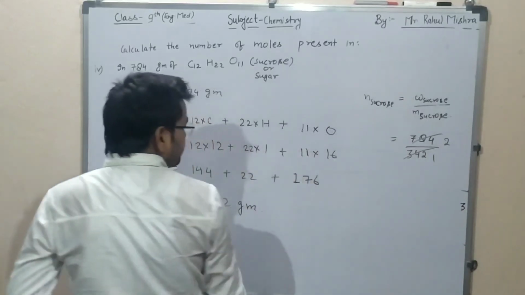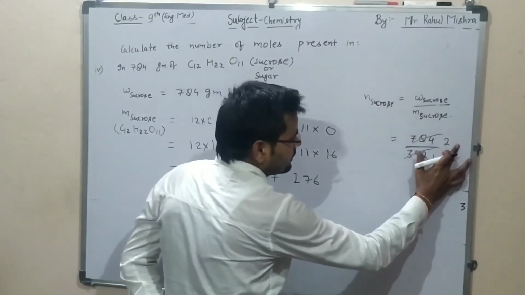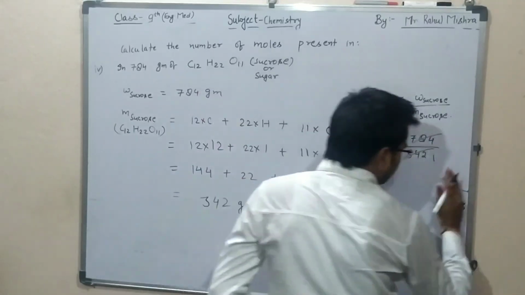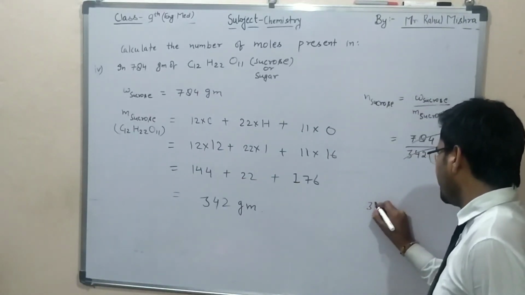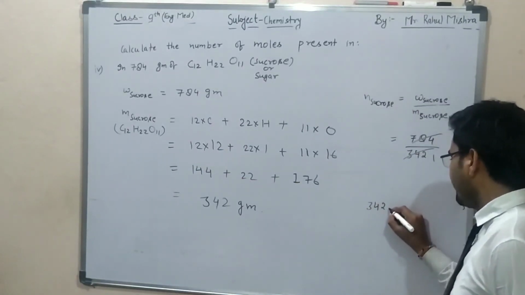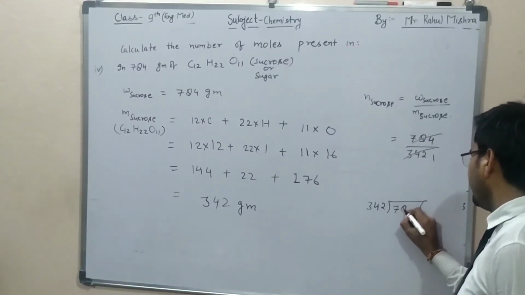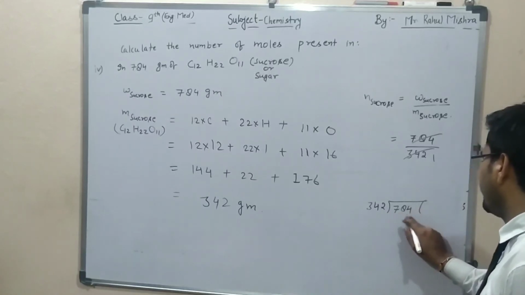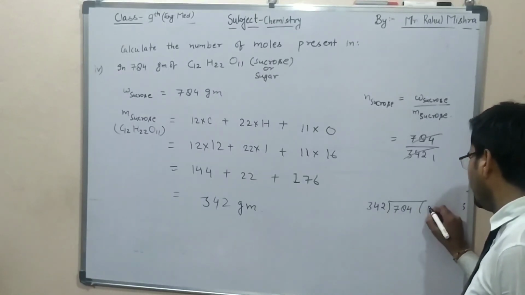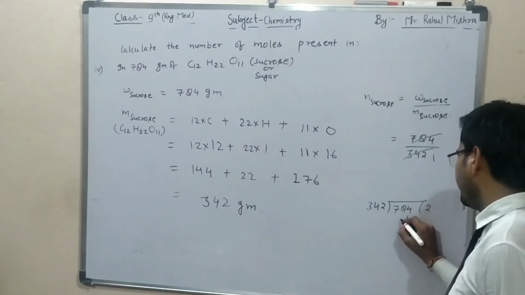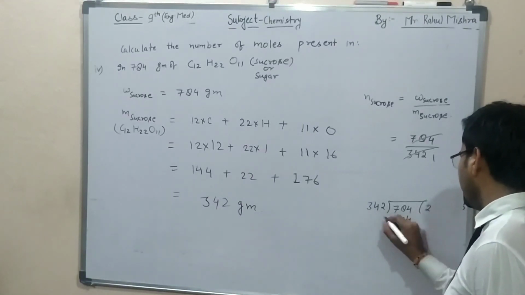So listen, now we solve it. 784 divided by 342. So it will go 2 times. 2 2s are 4, 2 4s are 8, 2 3s are 6.